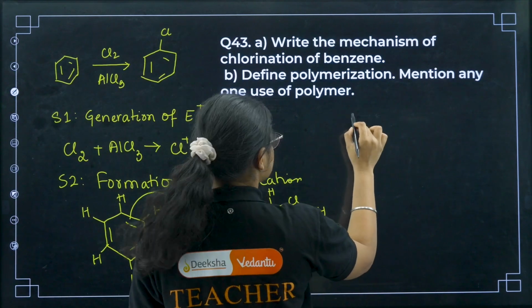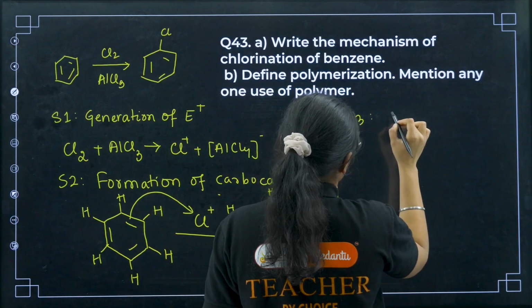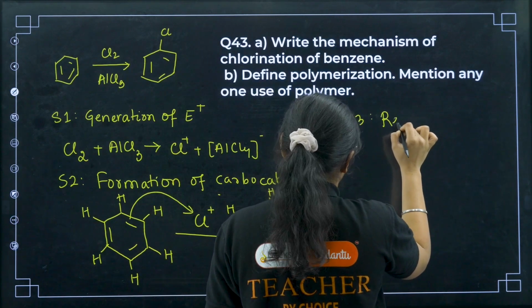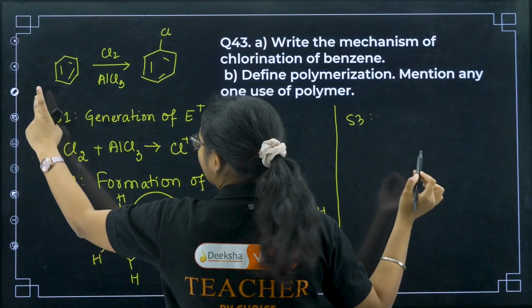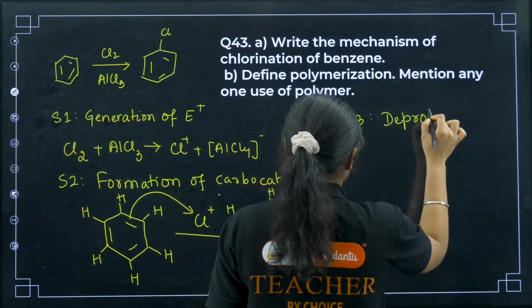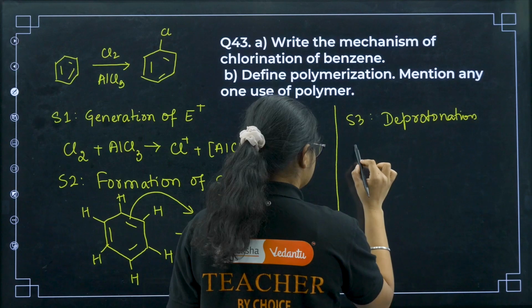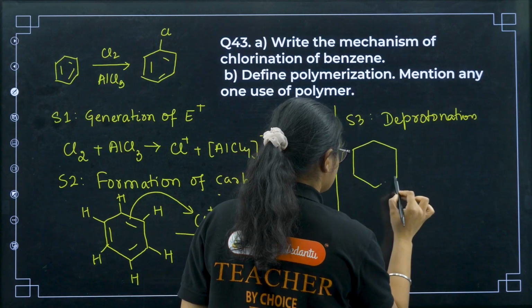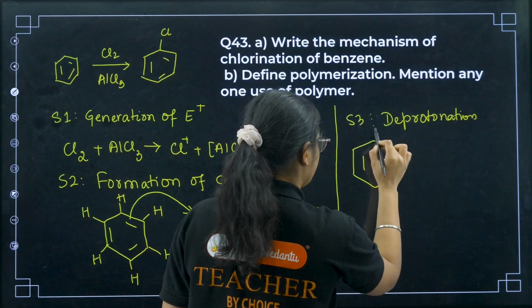Now after this, what happens? You can write down step number 3, that is regain of aromaticity or loss of hydrogen. Also you can write loss of proton, deprotonation. So here what happens? I have this structure right at the end.